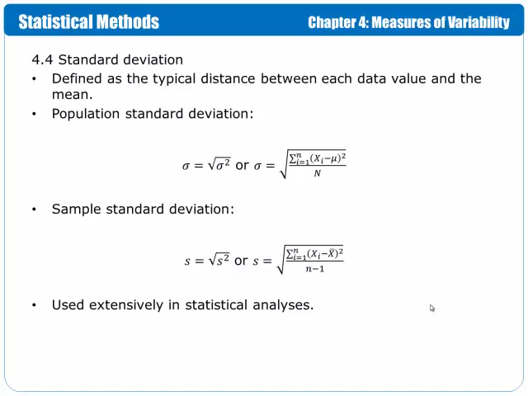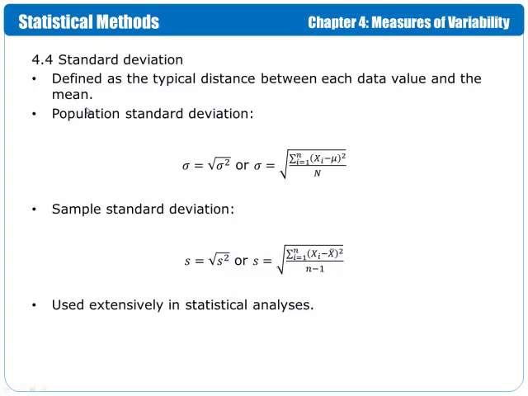The standard deviation is used extensively in statistical analyses. If you consider the difference between the variance and the standard deviation, using that square root doesn't seem to make much of a difference in the general concept. Which of those two values seems more reasonable? If we look at the definition, the typical distance between each data value and the mean, that makes sense.